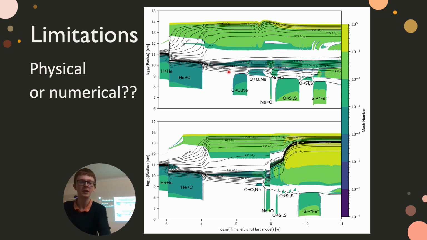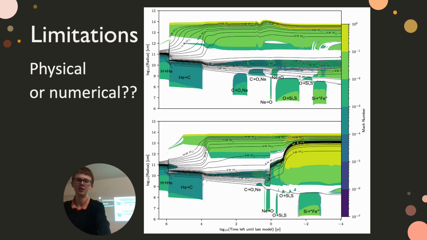For example, here you can see this oscillation, this weird wibble wobble that's getting bigger and bigger, and you're like, what's that all about? And here you can also see this sudden shell merger that I showed you before. It's a similar thing happening at a similar time, but it's looking a bit different.